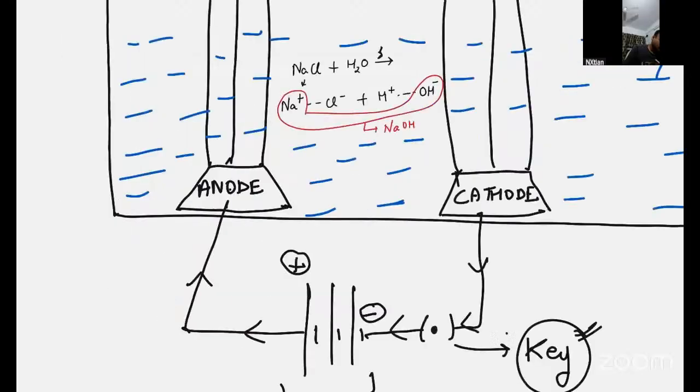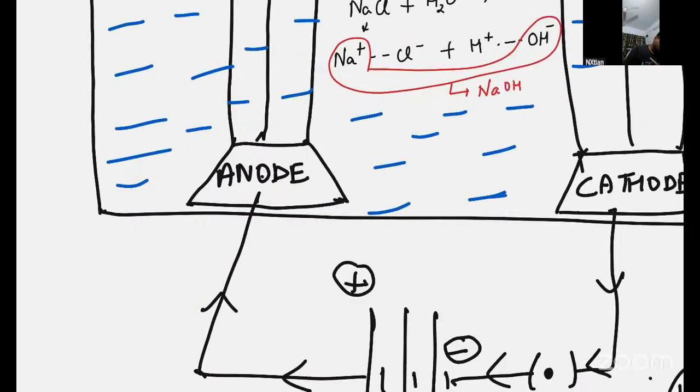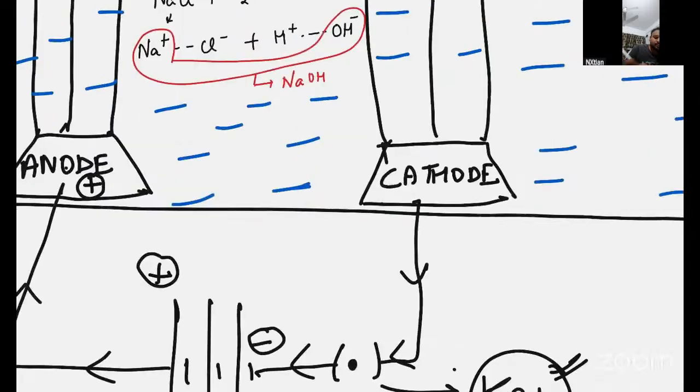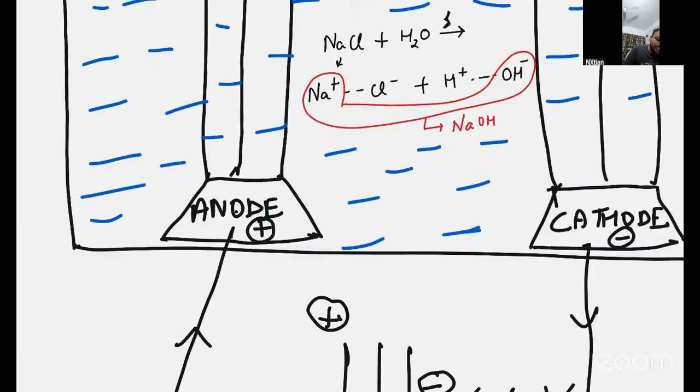Now listen to this. Anode is called the positive terminal because it is joined to the positive, and cathode is called the negative terminal because it is joined to the negative. Now in this part, H plus will go towards the cathode because positive and negative attract. And Cl, which is negative, will go to the anode.